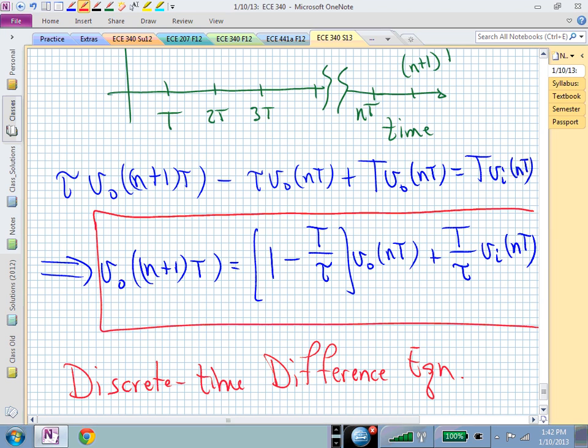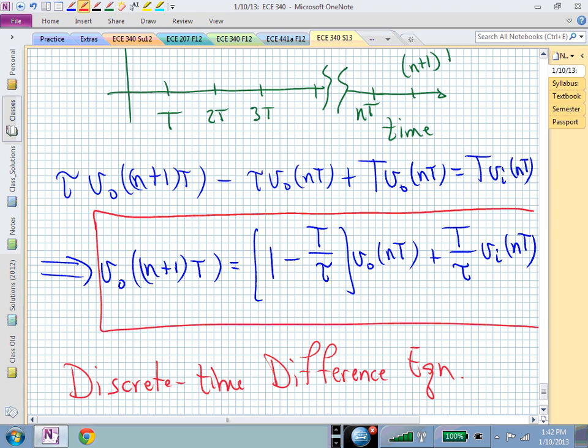Somebody just has to tell us what R and C are, and that will give us tau. And then we have to figure out how fine we resolve our sampling, and that's our capital T. Once we know that, we can now build this low-pass filter in a discrete setting.